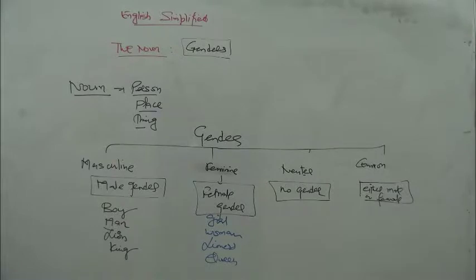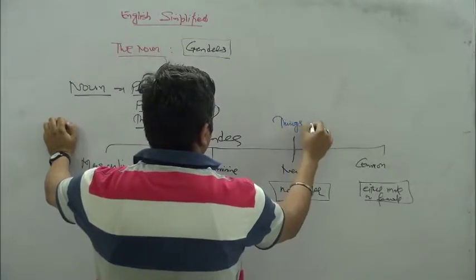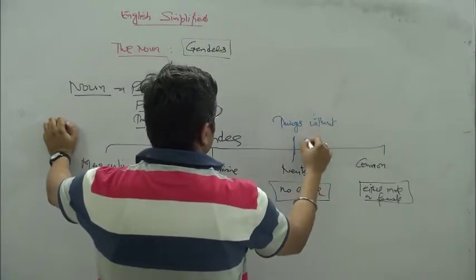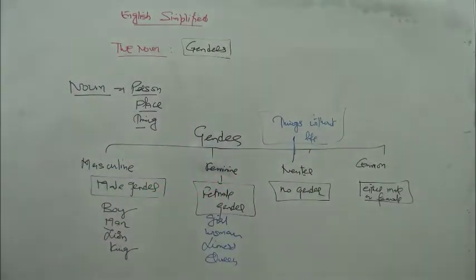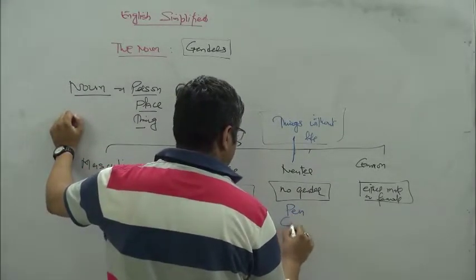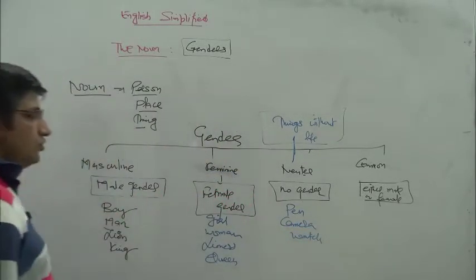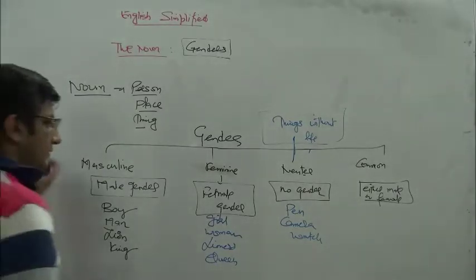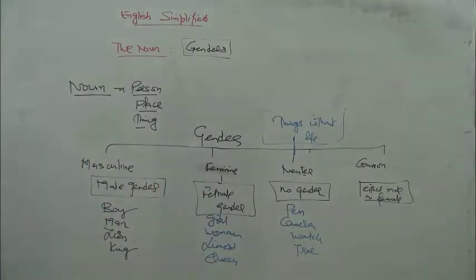All right, when I look at the neuter gender, we are normally referring to things without life. Okay, so if I say a pen, if I say a camera, or maybe a watch, a tree, these would be examples of neuter gender.